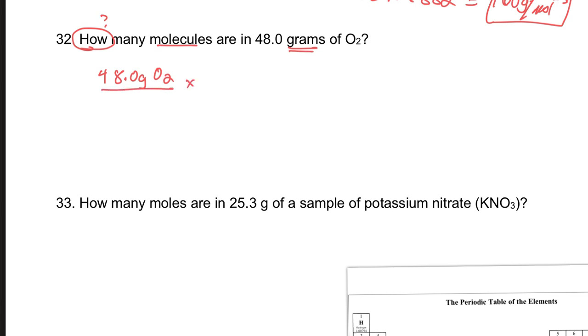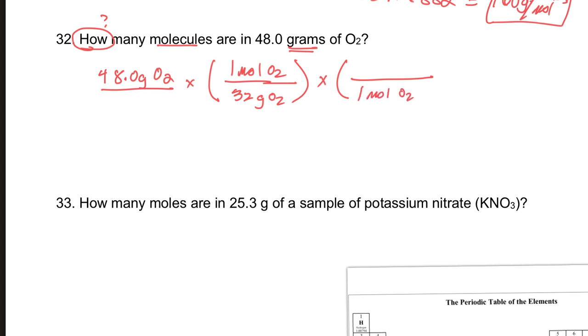We're going to multiply by a conversion factor. The conversion factor that goes here is 1 mole of oxygen has a mass of 32 grams of oxygen. So that's just the molar mass of oxygen. And then we're going to multiply this by Avogadro's number. Avogadro's number says that for every 1 mole of oxygen, there is a specific number of atoms.